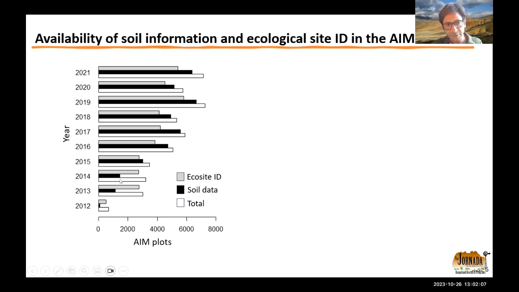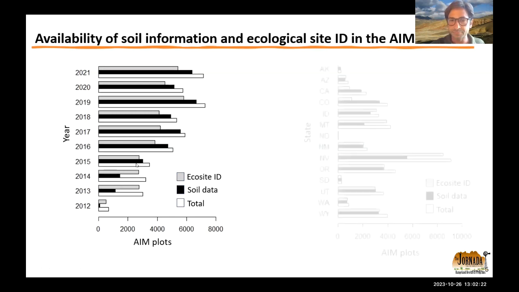So you see in the beginning of the program, there were more plots with ecological site ID than plots with soil data. But as the strategy evolved, we see that there are more soil data than ecological site ID, which is a good sign.